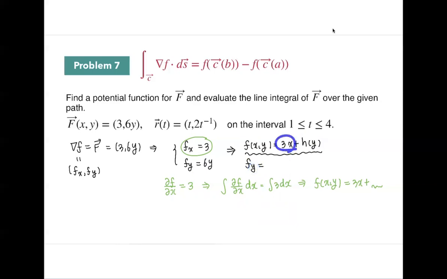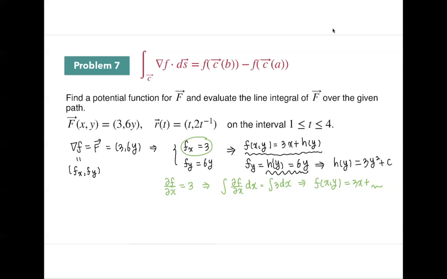So it'll be 0, and we can say that it is h prime of y. Okay. And from the second equation here, we know that fy must be 6y. Then from this, you get h prime of y is equal to 6y. So h of y is equal to 3 times y squared plus some constant.